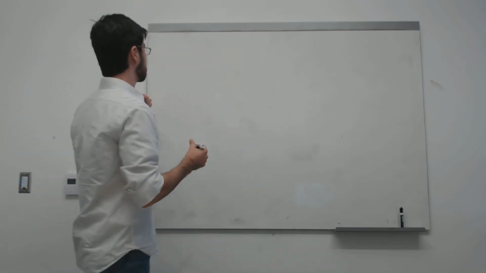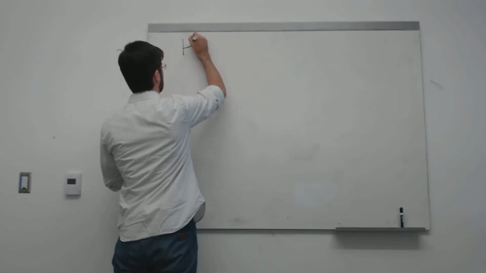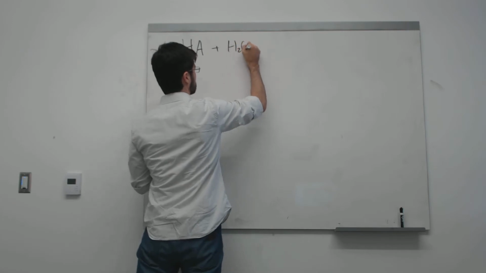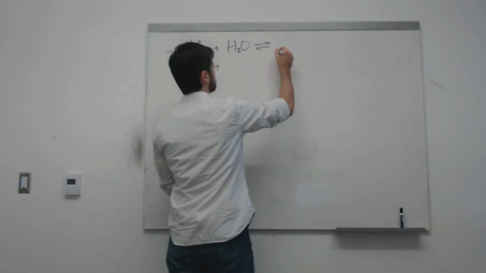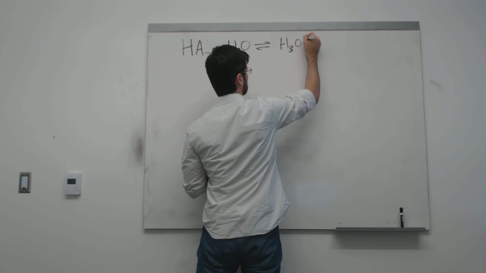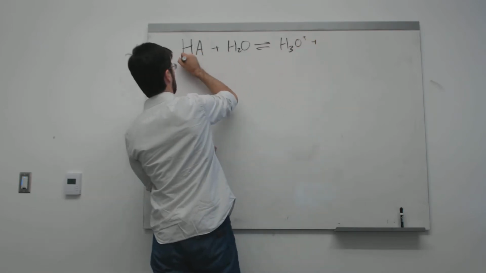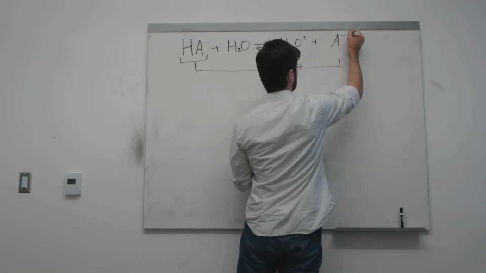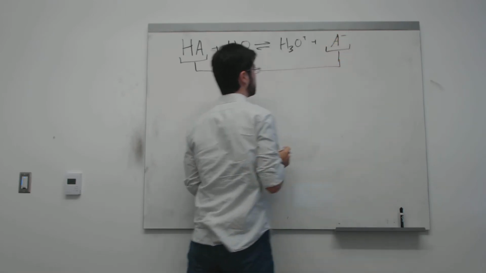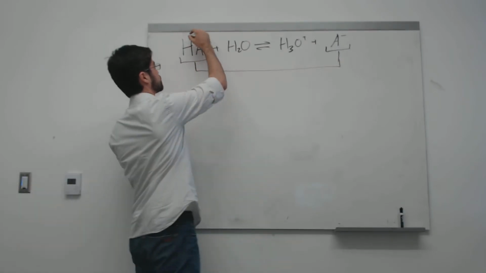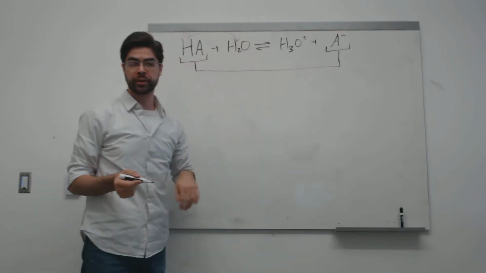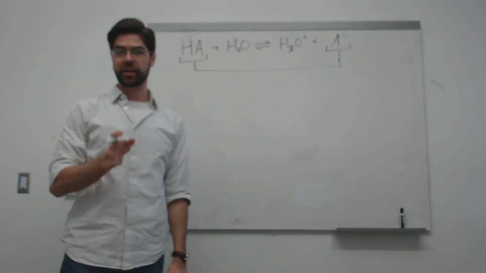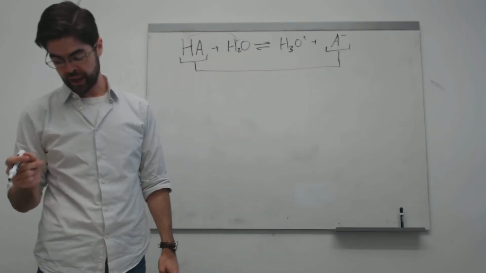So if I was going to write that in terms of chemical equations, I might have some weak acid when it donates a proton to water, HA becomes A minus after it has donated its proton onto water and formed hydronium ions. So that's the skeletal equation for a weak acid.